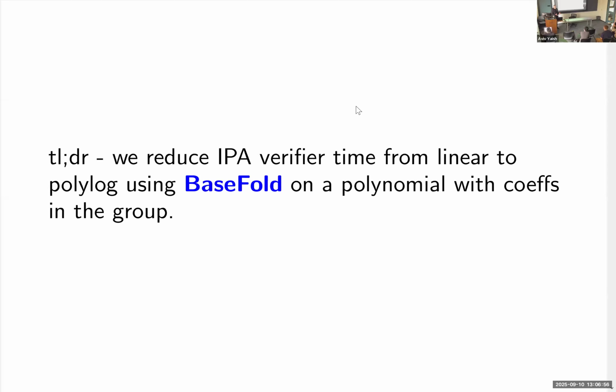So basically the punchline of this paper is we reduce IPA verifier time from linear to polylogarithmic using the Basefold multilinear polynomial commitment scheme, but on a polynomial with coefficients in a group rather than a field. So if that's totally clear, you're welcome to spend your hours more productively, if you have other stuff to do. And I'll spend the talk unpacking the words in the TLDR.